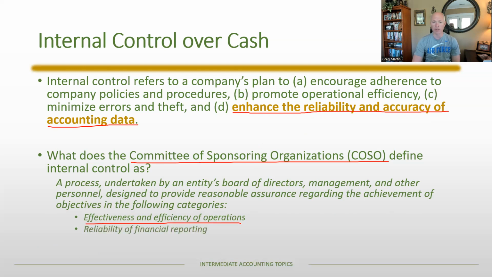You want reliable financial reporting, and you want compliance with applicable laws and regulations. You can see there's a lot of overlap in the broad strokes of what internal controls mean in the context of accounting, and specifically how COSO defines internal controls. For accountants, our main focus is going to be reliability of financial reporting, but these other factors are important just as well.